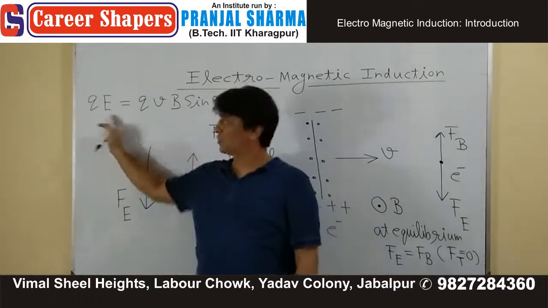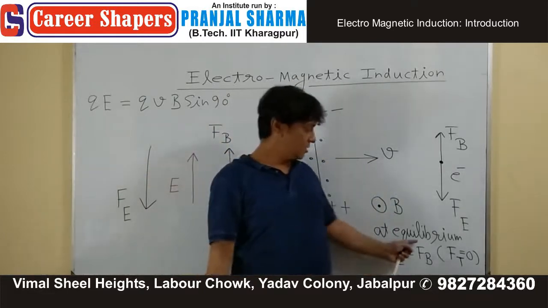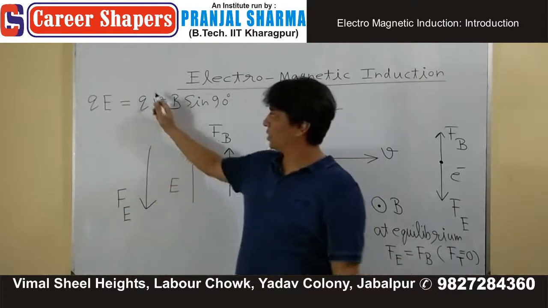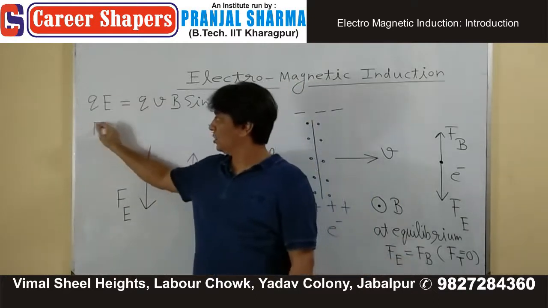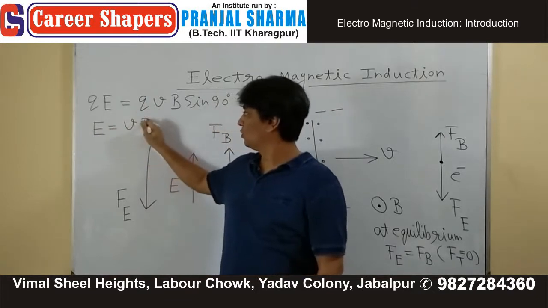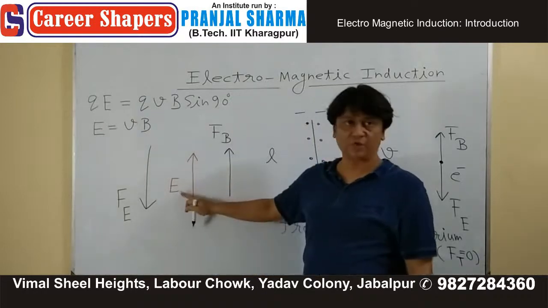So this is force of electric field, this is force of magnetic field. At equilibrium, they both are equal. If they are equal, Q and Q cancelled, you get electric field which is VB. So we have got the strength of electric field.